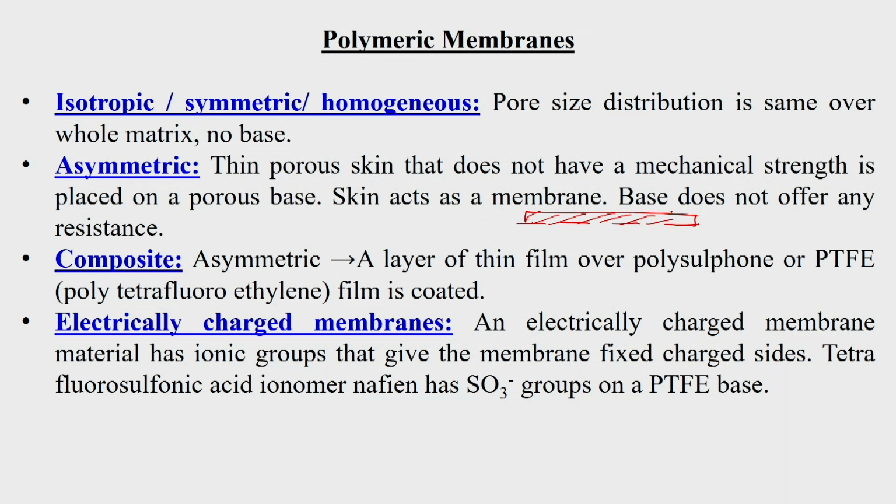Whenever material passes through, the resistance is offered only by this membrane material, not by the support. The support is highly porous. In general, the pore size of the base is in the micron, or sometimes even in the millimeter range.